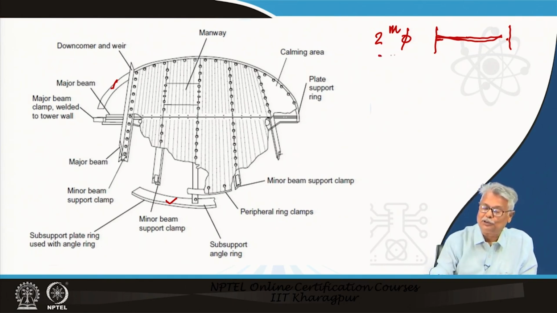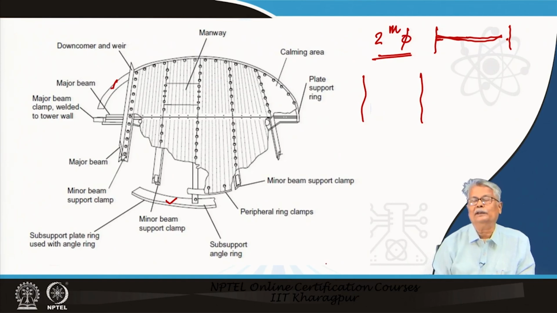Now, we have talked about a 2 meter tower, which is very common. That means your tower diameter is 2 meters, and 2 meters is also the diameter of your tray. So, one way is to have the tray and the tower constructed together, but that is impractical.